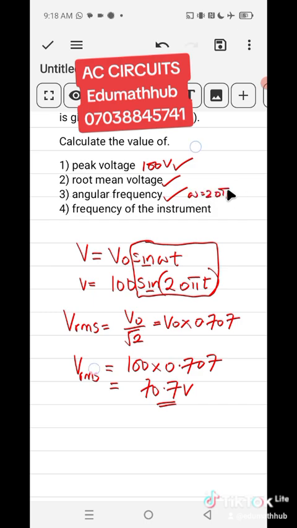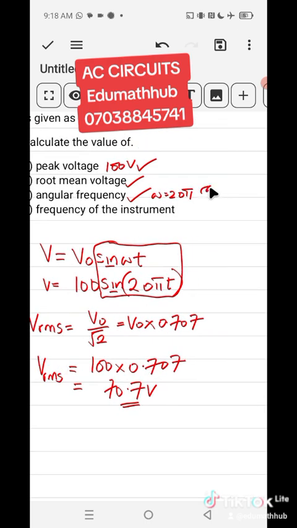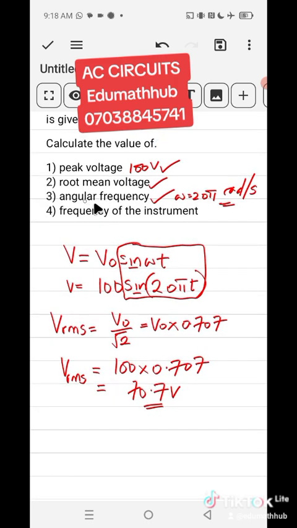We have to put the unit, which is rad per second. Take note that for angular frequency, don't put the unit as hertz. You have to put it as radians per second, as if it's speed.